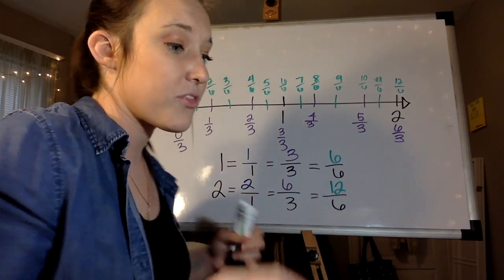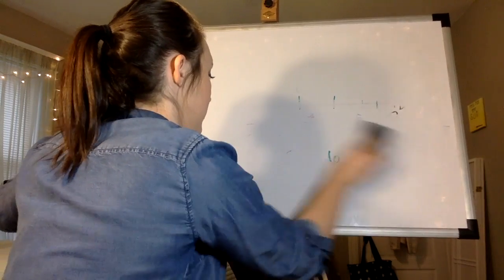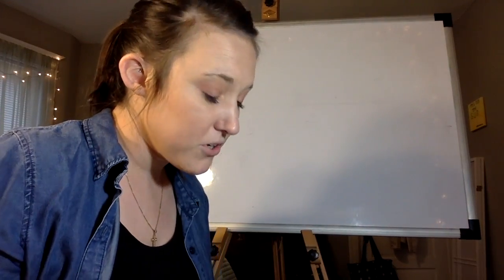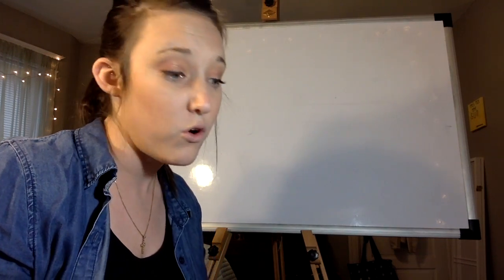For numbers 3 through 5, it gives us the whole number and then 2 fractions with only the denominator.